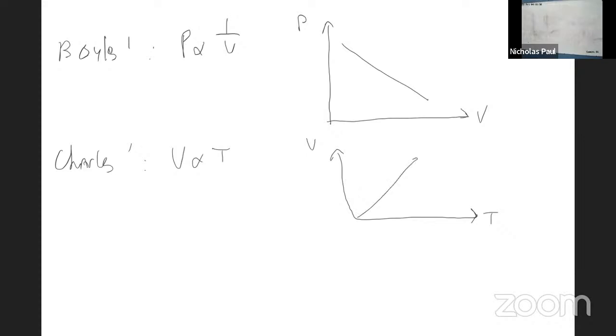And then pressure law, pressure proportional to temperature. This graph should be familiar. I showed you all this graph when we were talking about the Kelvin scale at the beginning of this topic. Jot down those graphs fast. Those are the graphs of Boyle's law, Charles' law and pressure law.